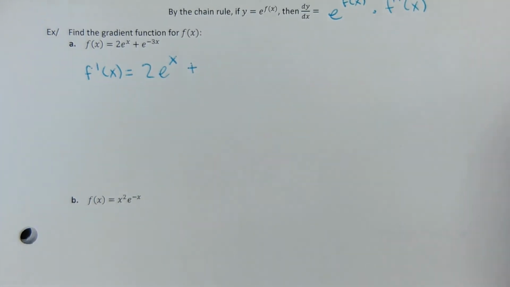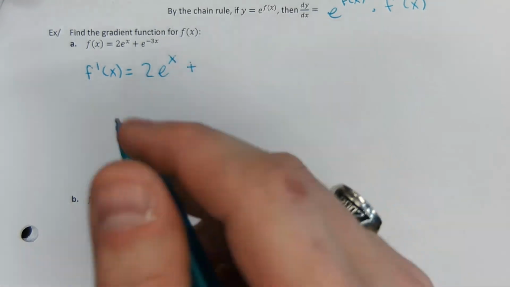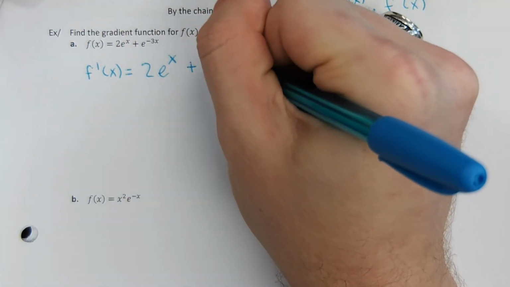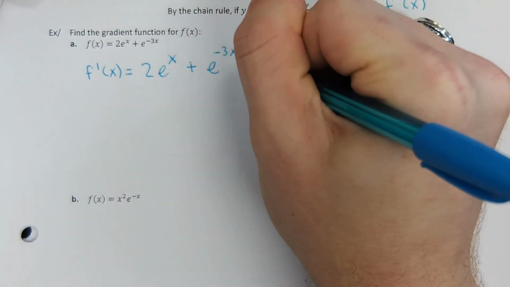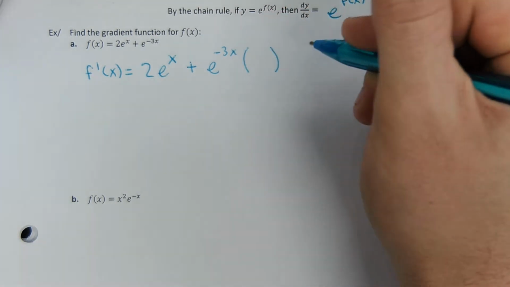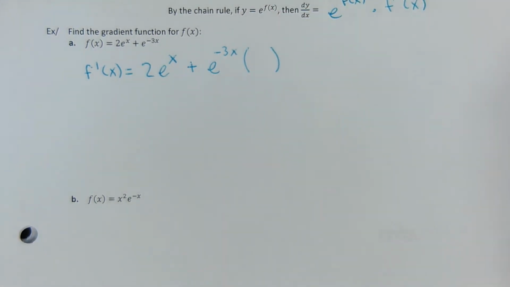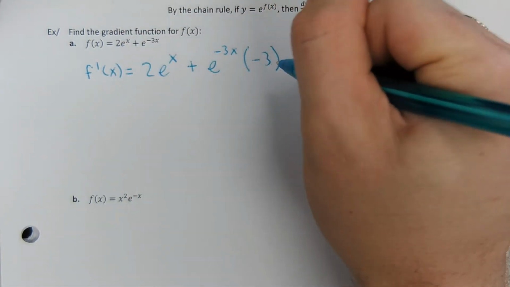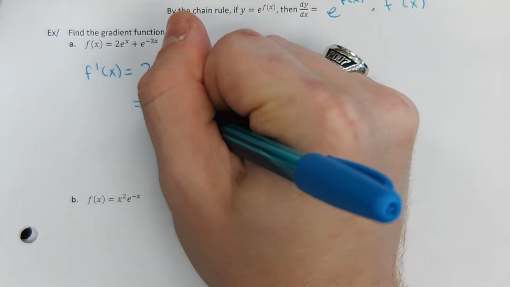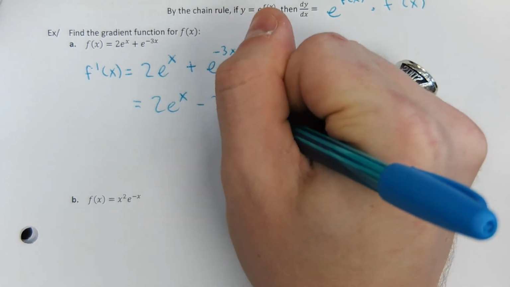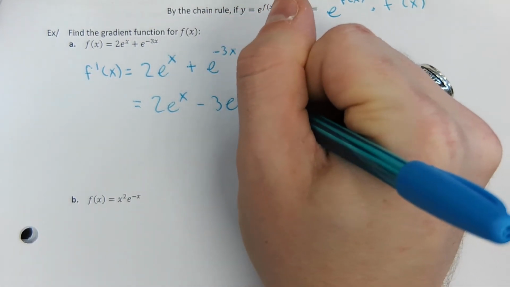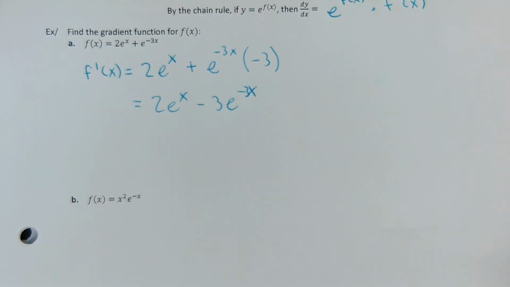At the next part, though, the derivative of any e function is write the original function and then multiply by the derivative of the exponent. And the derivative of that exponent would be -3. So it cleans up to 2e to the x minus 3e to the negative 3x, excuse me. Just a 3. There you go. How hard?